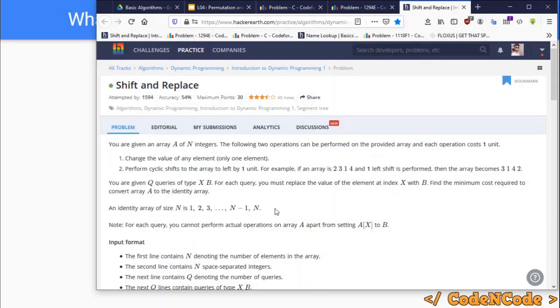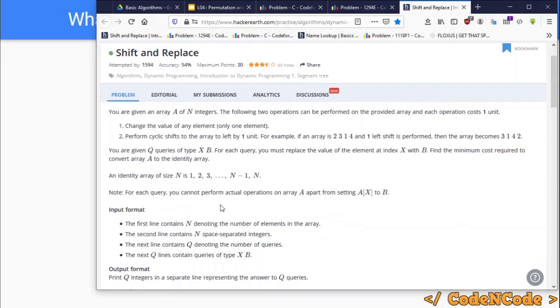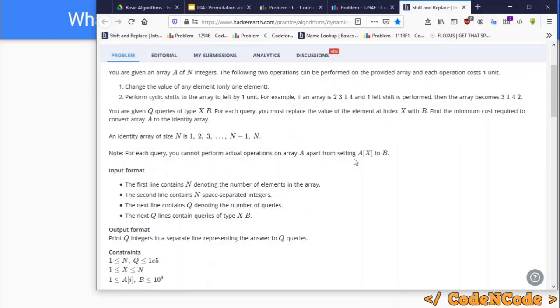There are q queries. Each time the xth element will be replaced by b, and then you have to tell the minimum or maximum. I think you have to minimize the cost of something. I'll be putting the link of this problem in the description so that you can read the problem and understand how the same simple concept can be used to describe and solve different problems.